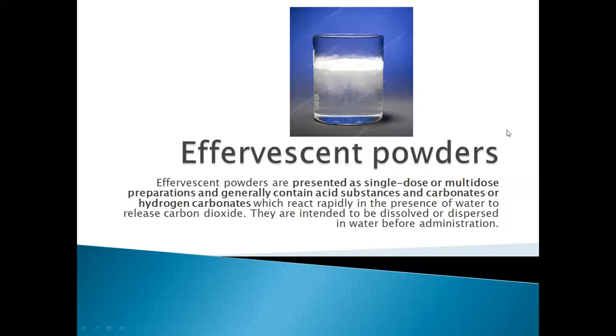So when they are placed in water, they react rapidly and release carbon dioxide. A good example of this effervescent powder is Eno, which you use for gas problems. When you take that Eno packet and disperse it in water, it releases gases. So that is one of the best examples of an effervescent powder.